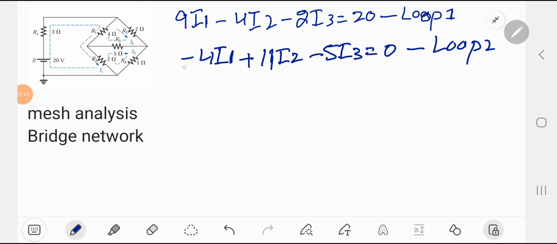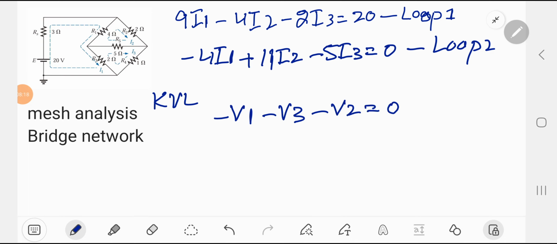How can we find this equation? We found this equation directly by mesh analysis. If we apply KVL, Kirchhoff voltage law, for loop 2, minus V1 minus V3 minus V2 is equal to 0.